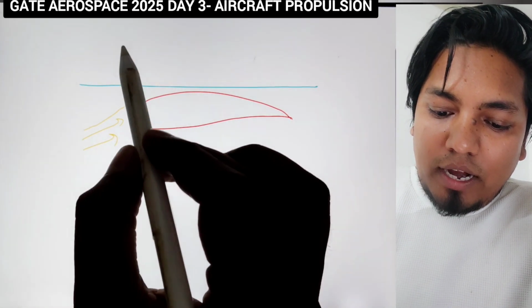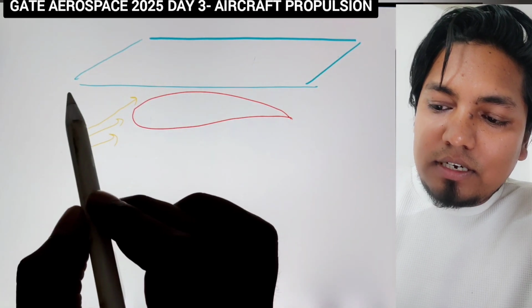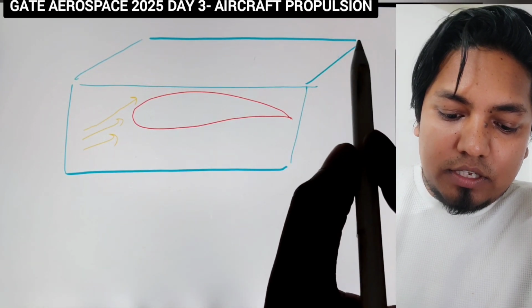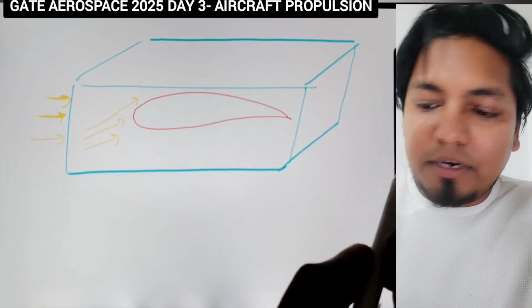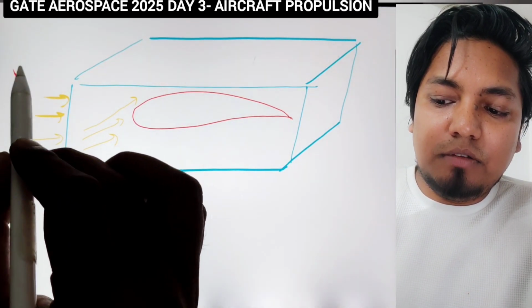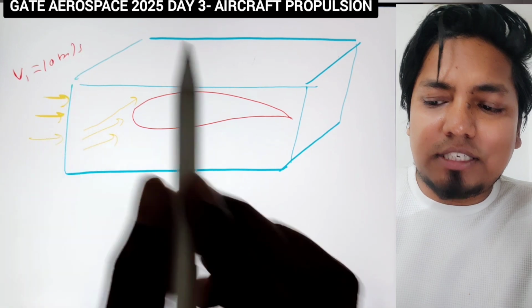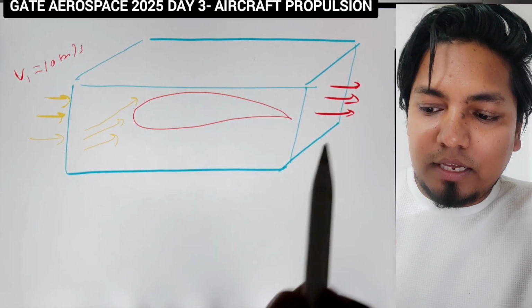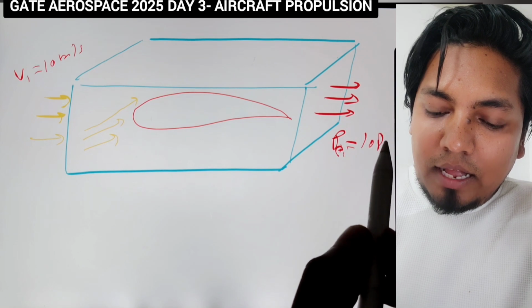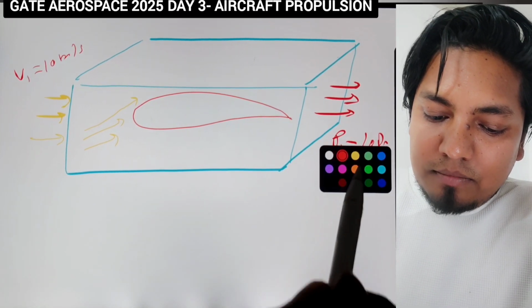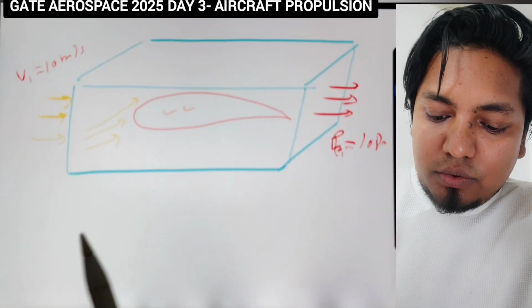At the inlet you are giving a certain velocity. Suppose this velocity v1 is equal to 10 meter per second, and at the exit you are measuring the pressure. Suppose here you measure p exit is equal to 10 pascal. Now the same airfoil you develop in real life, and the same 10 meter per second you send.